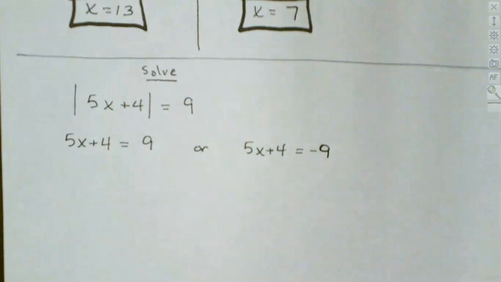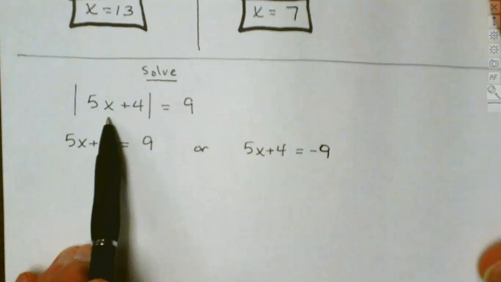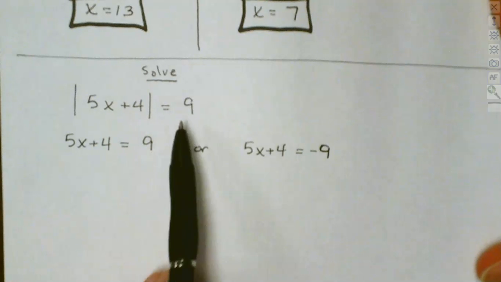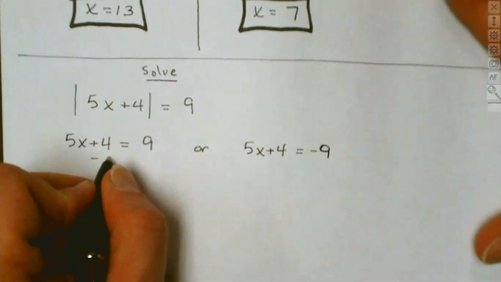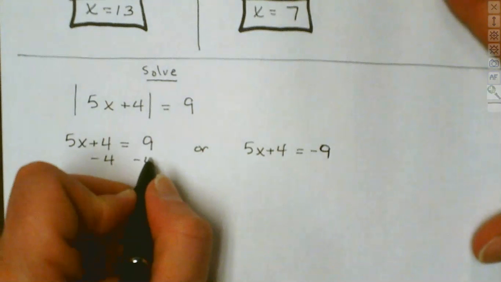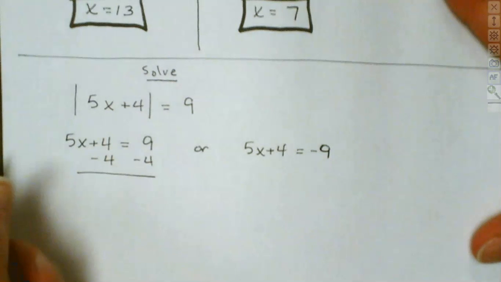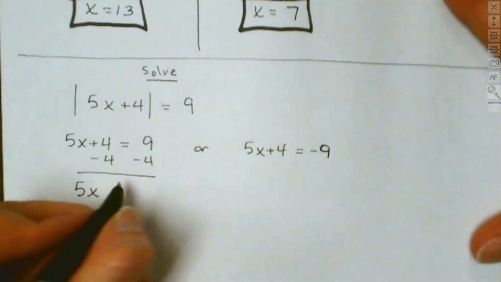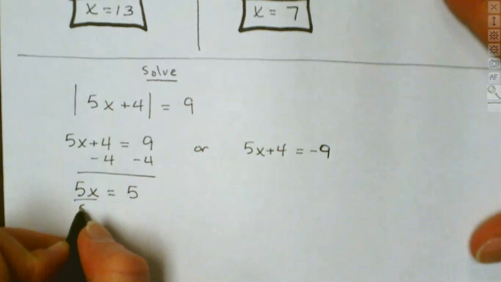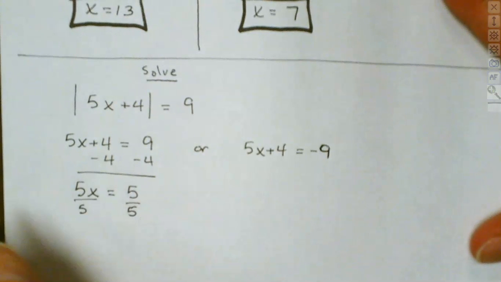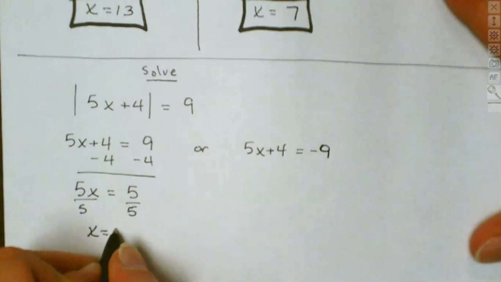I did not change anything inside the absolute value bars. All I did was change the number on the end. And then I solve. So move that 4 over. And that gives you 5x equals now 5. Divide by your 5. And x equals 1.